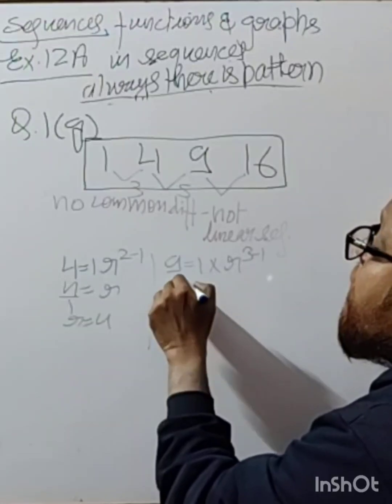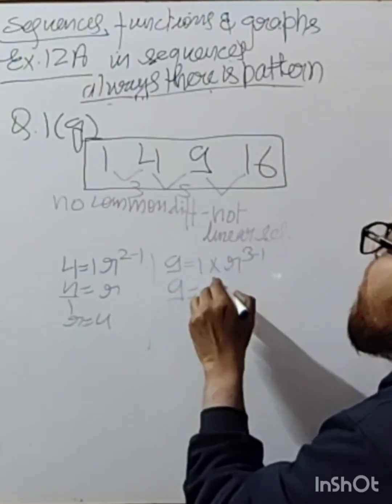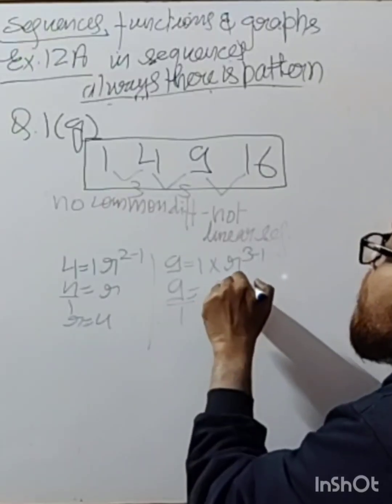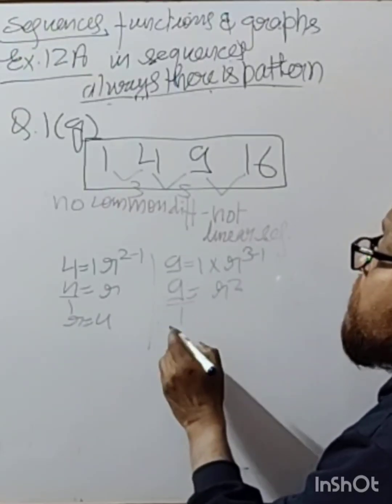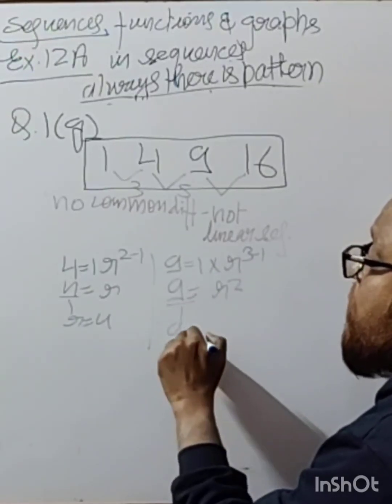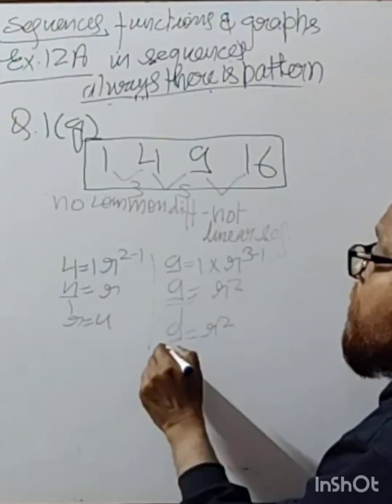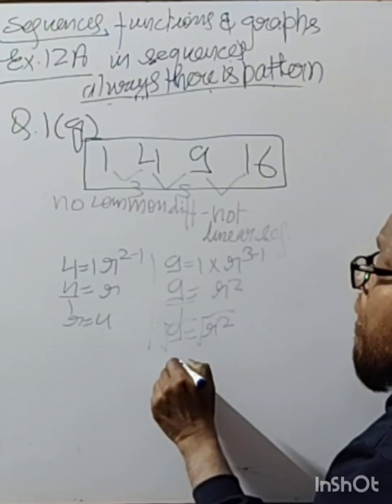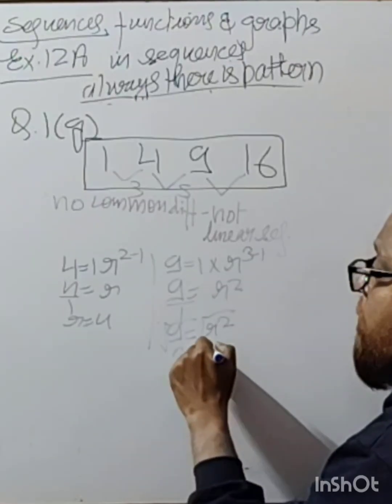So we can write 9 is equal to r by 2. So taking square root on both sides, 3 is equal to r. Right?